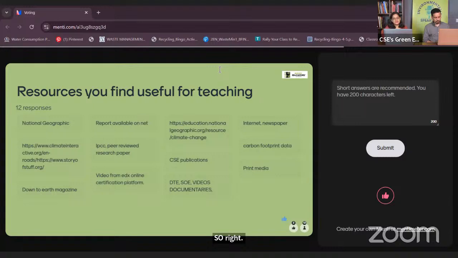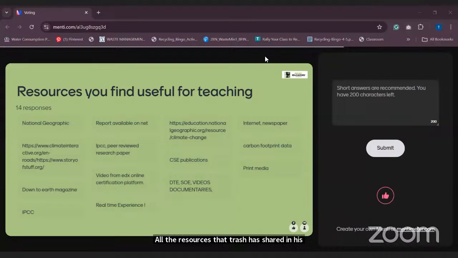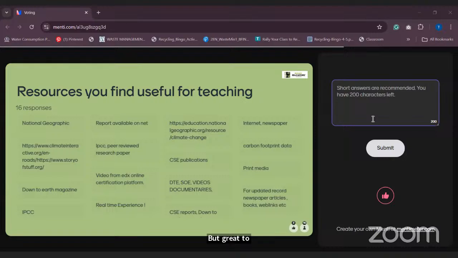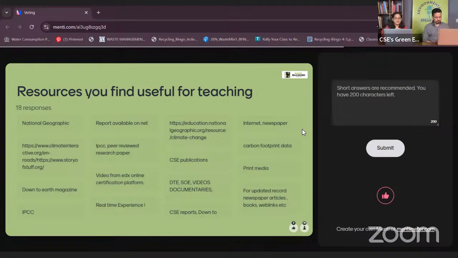All the resources that Trishant has shared in his presentation, we will definitely share with you. Real-time experience, okay. Let's hear more on this later.